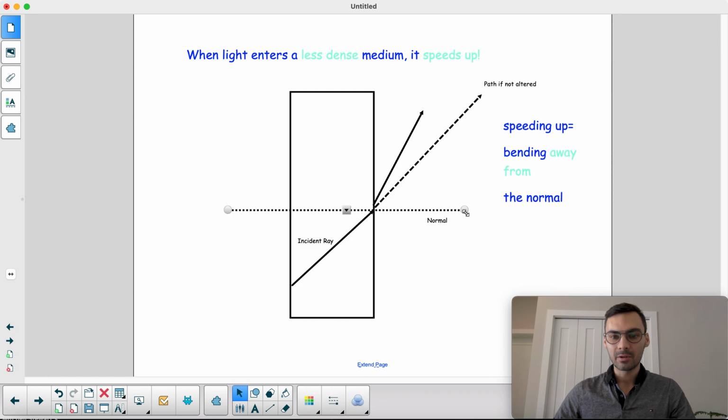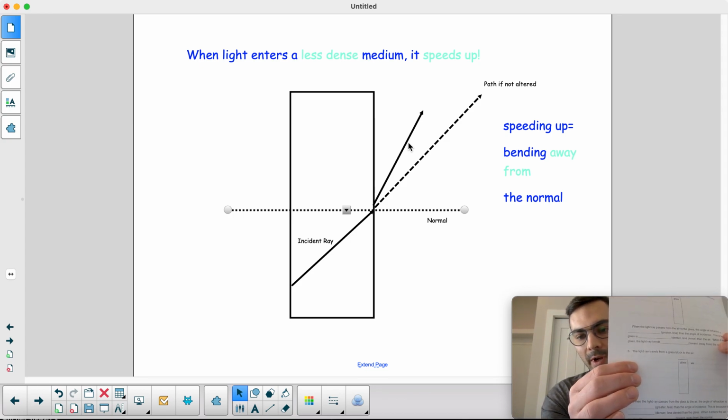And our normal on the same side, so you can imagine that you cover up this side over here, and now you're just worrying about what's happening on this side right here when you're deciding the path of the light. So bending away from the normal, meaning it is going on the other side of the path if not altered. So it's going right there. And that is what you can draw for number 1B of this page right here.